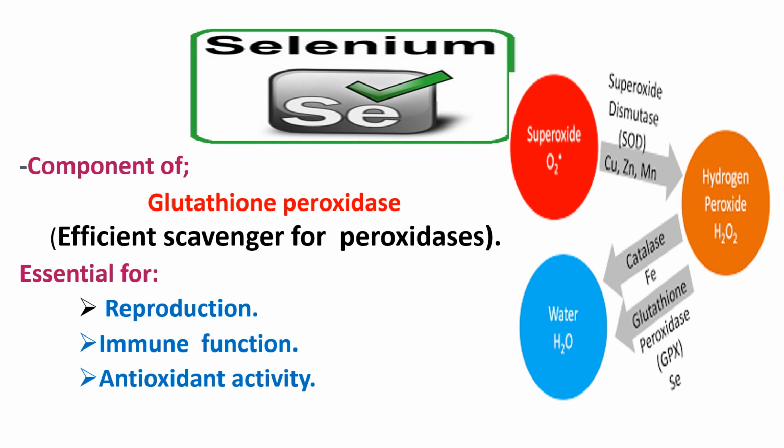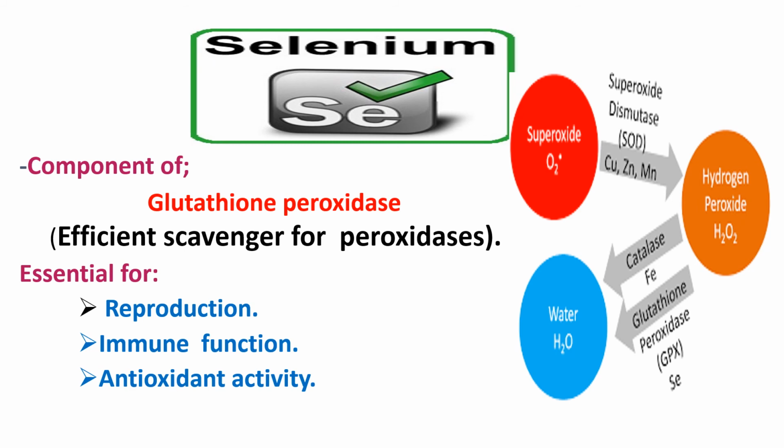Selenium is a very important mineral as an antioxidant. Don't forget that selenium has antioxidant activity. It is a component of an enzyme called glutathione peroxidase, which has antioxidant activity.